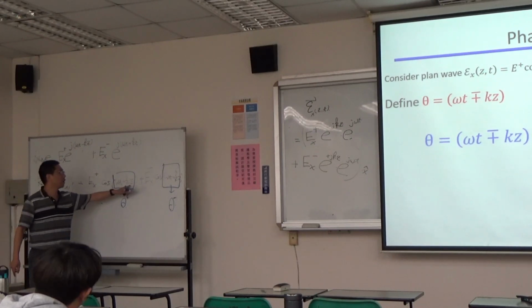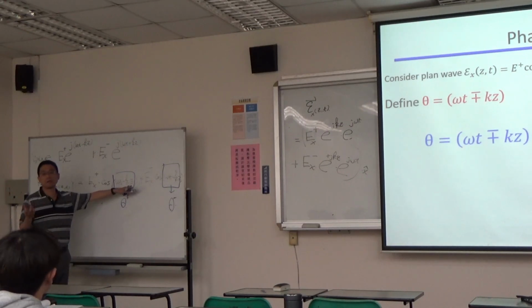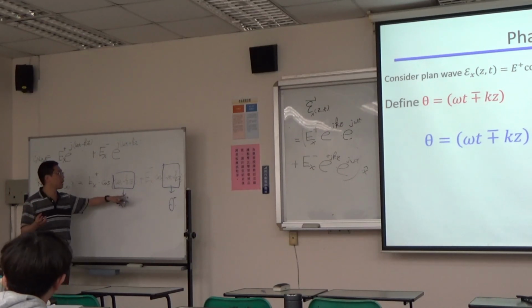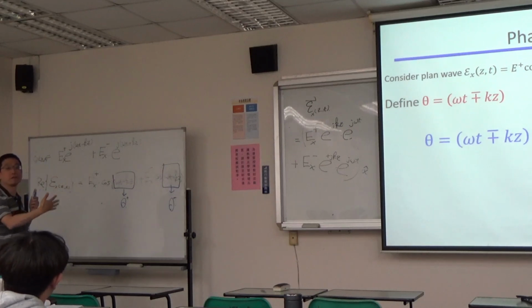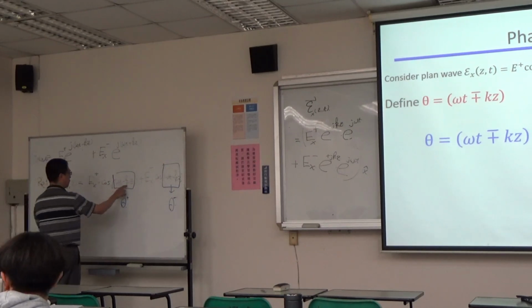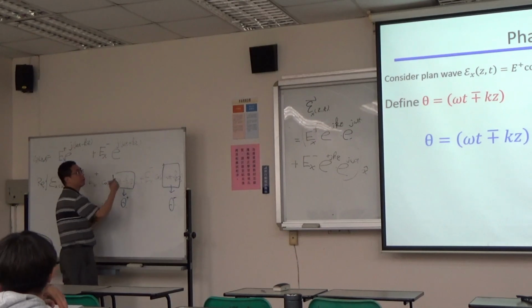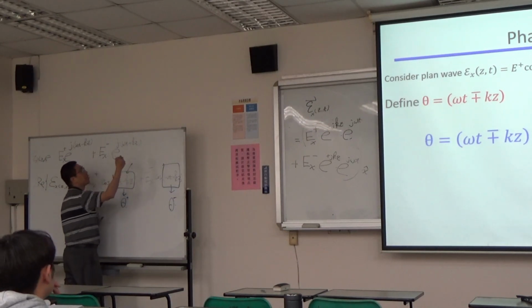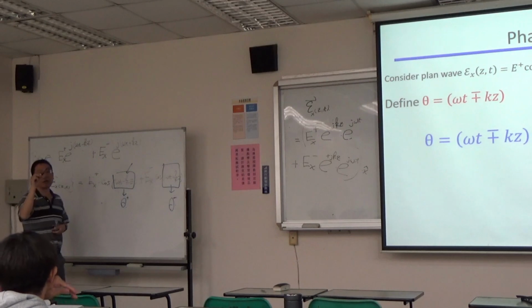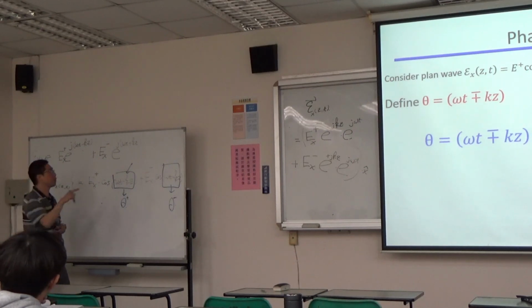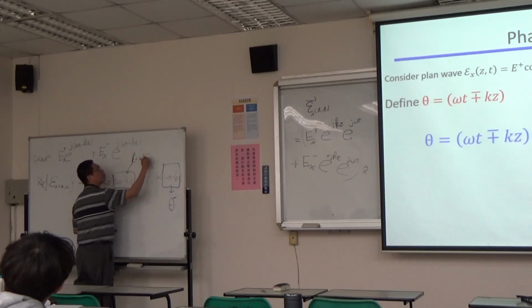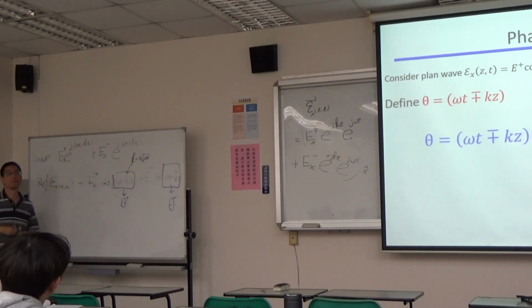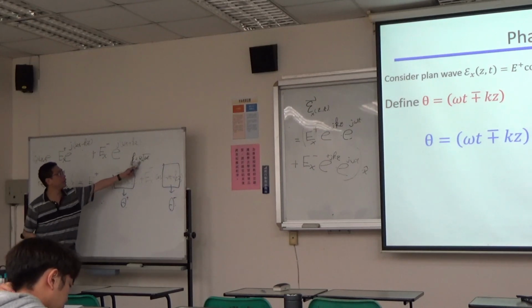And another factor that will affect your theta is z. What is z? Z is your position where your wave is, multiplied by k. And I remind you what k is. We define k squared equals omega squared multiplied by mu epsilon, right? So k equals omega square root of mu epsilon.